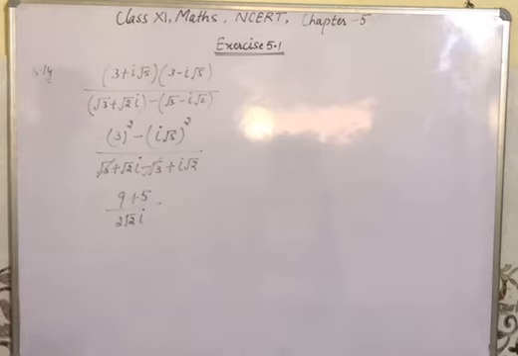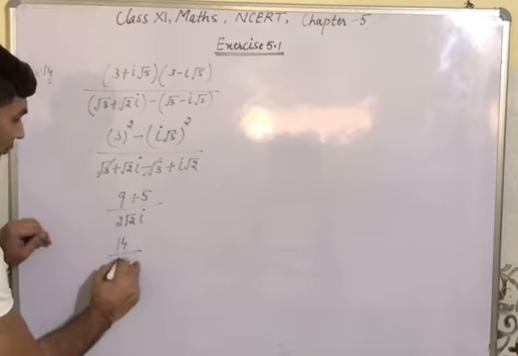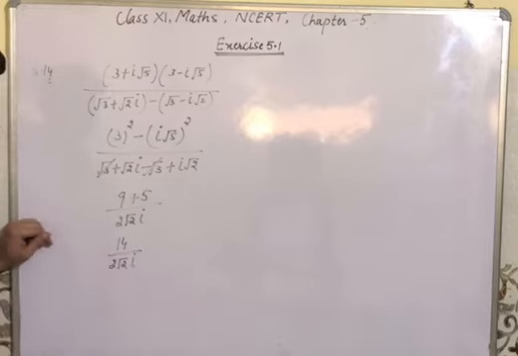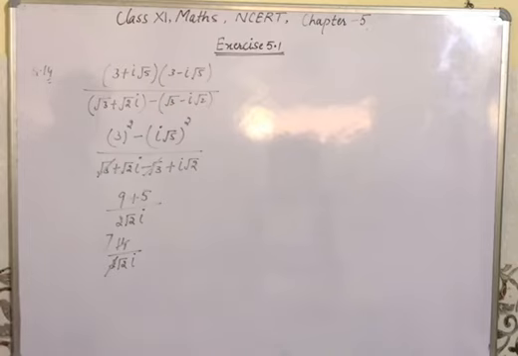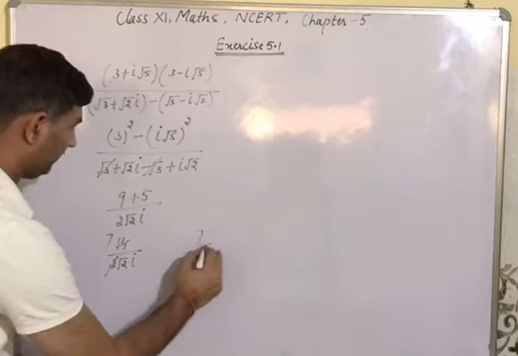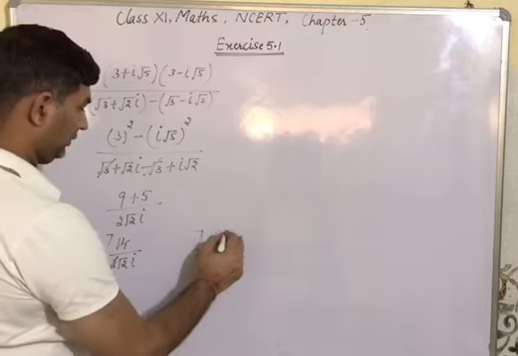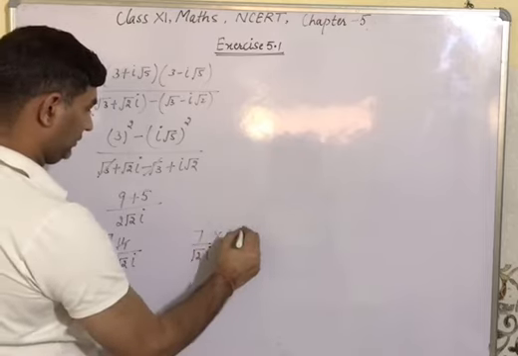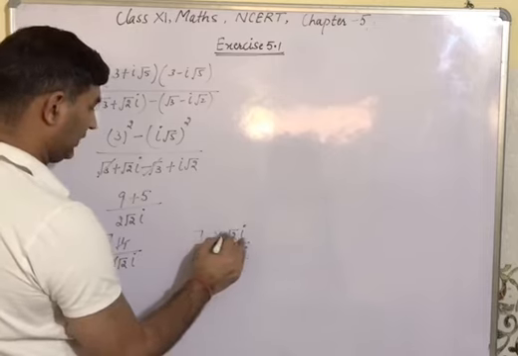And then 14 upon 2 root 2 i. This cancels out to 7, and then multiply by the conjugate, root 2 i upon root 2 i, changing the sign.